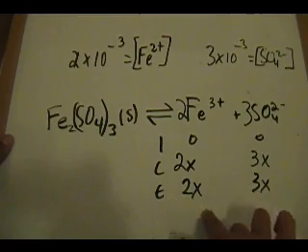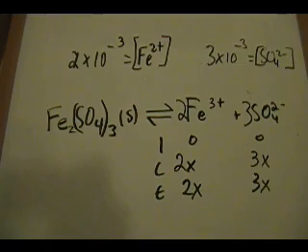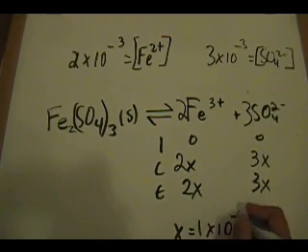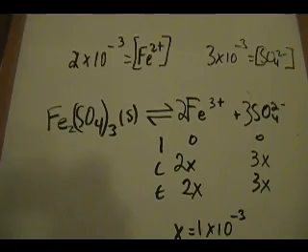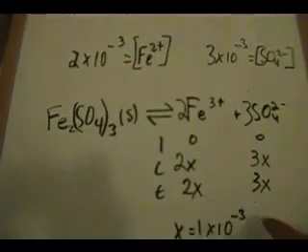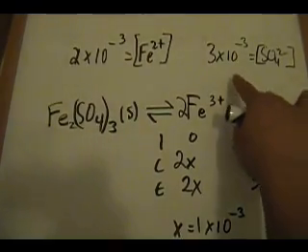So we know the equilibrium concentrations will be 2x and 3x. So let's just say that we solve for x and we find x to be equal to 1 times 10 to the negative 3, okay? And that's how you plug this value into here, and that's how you got 2 times 10 to the negative 3. Plug this value into here, and that's how you got 3 times 10 to the negative 3.